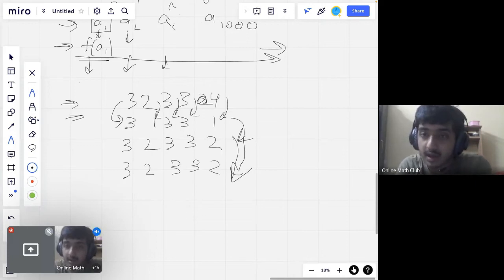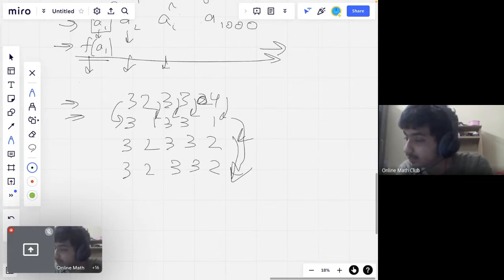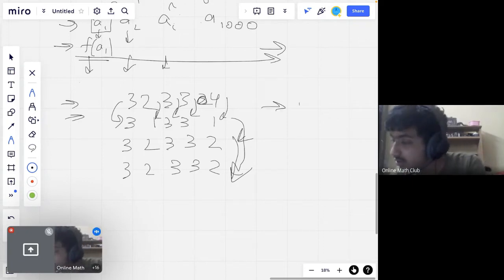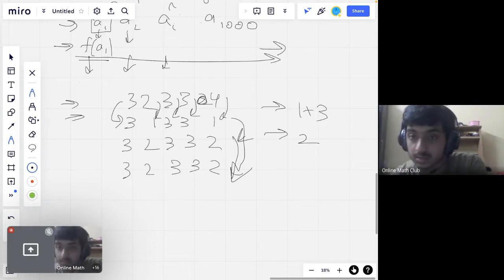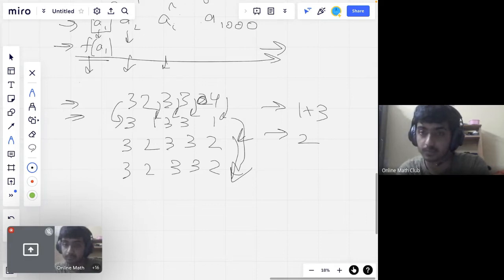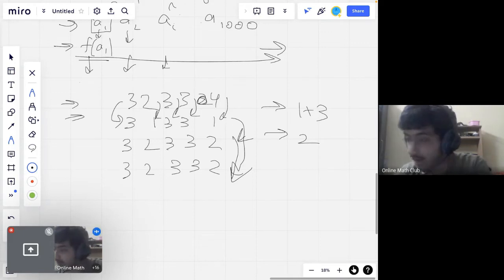Dikshit says sigma fi minus sigma ai is invariant. This is not true, I think, because here it's 1 plus 3, here it's 2, 1 plus 1. I'm not 100% sure what you mean, Dikshit. I think the difference between the absolute values is 2 here.